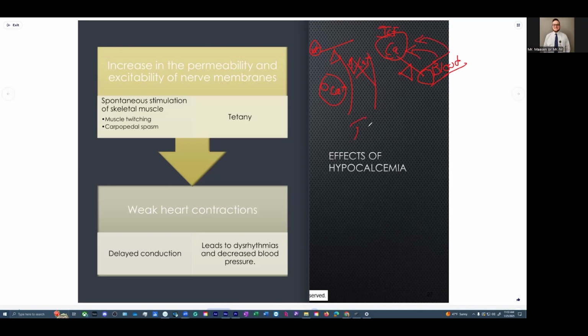So this increases excitability of the muscles. So when someone has hypocalcemia, not enough in their bloodstream, again, this is not exactly how it works, but I think this is the best way to explain it.